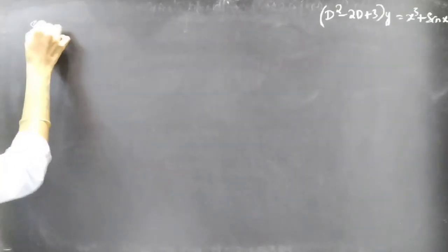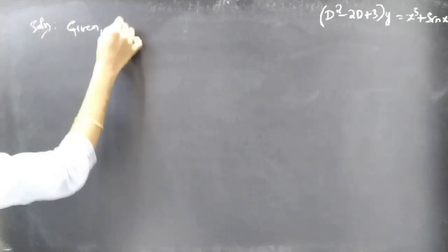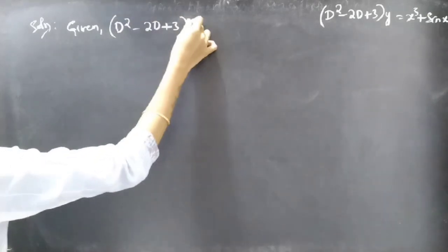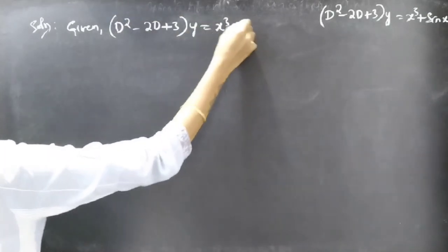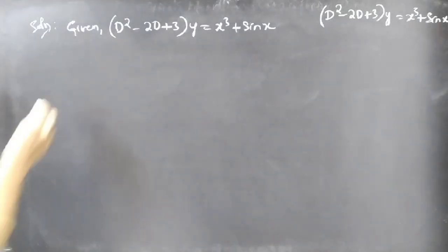We are given a differential equation (D² − 2D + 3) y = x³ + sin x, which is in operator form.